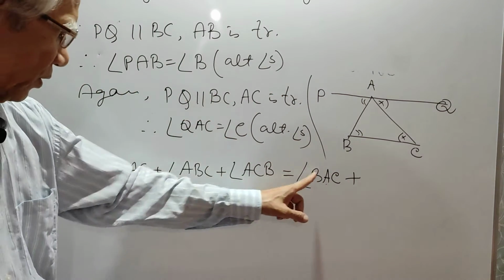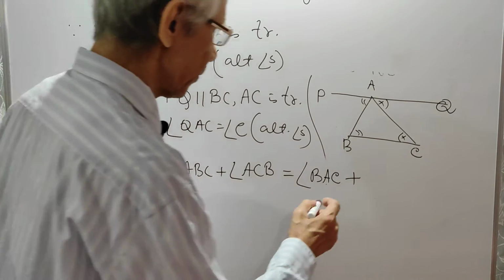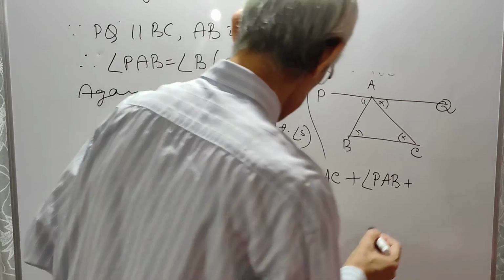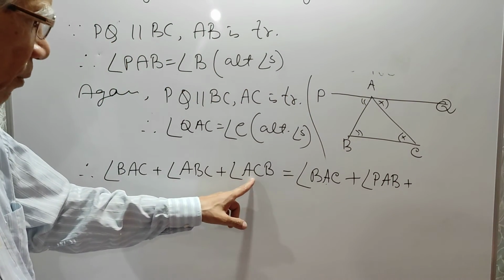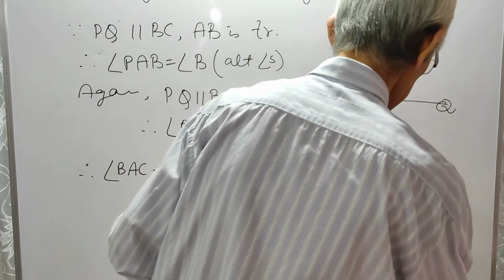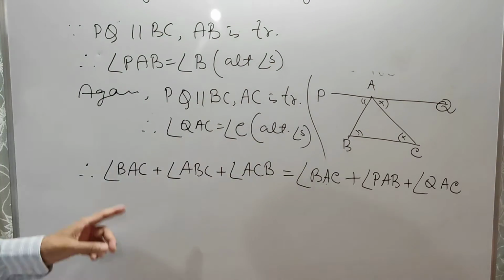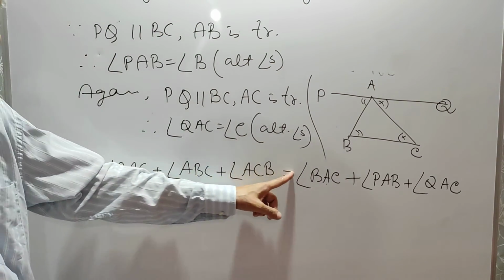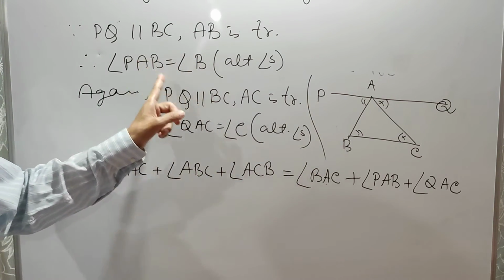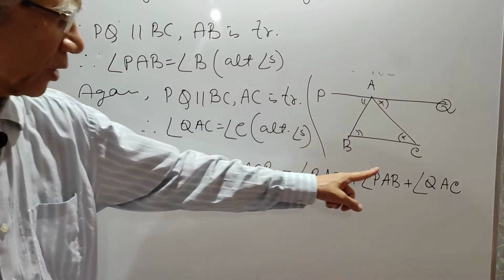In place of ABC, we are going to write PAB. Plus, in place of ACB, we are going to write QAC. So this angle plus this angle plus this angle, BAC as it is. In place of ABC, we are writing PAB because they are equal. In place of ACB, we are writing QAC because they are equal.